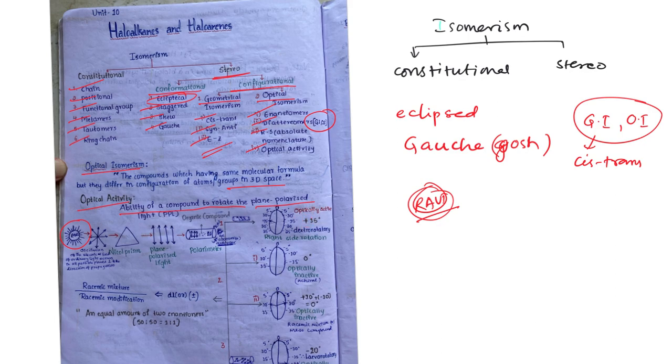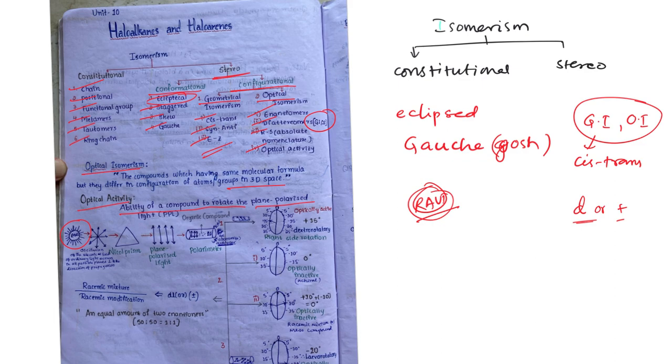For example, plus 15 degrees rotated, then this is called dextrorotatory, denoted with a small d. So this can be represented as d or plus, both meaning the same.